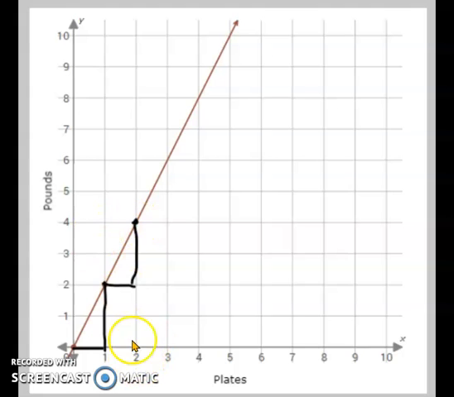So that makes sense. 2 plates, 4 pounds. 3 plates, look, 6 pounds. 4 plates, 8 pounds. 5 plates, 10 pounds. Okay. Now, what you should notice is a pattern.